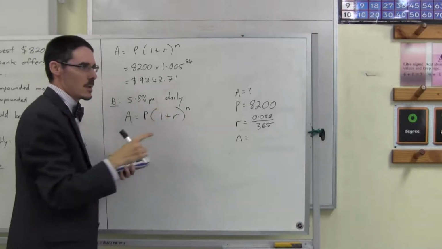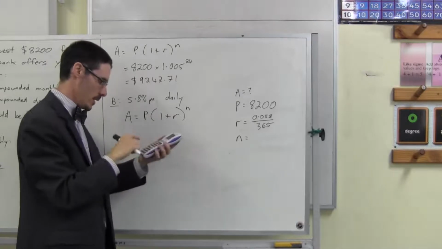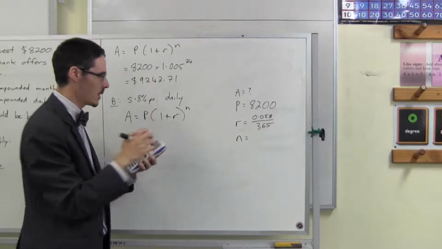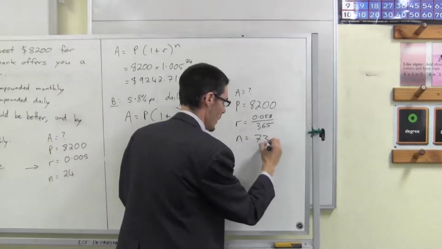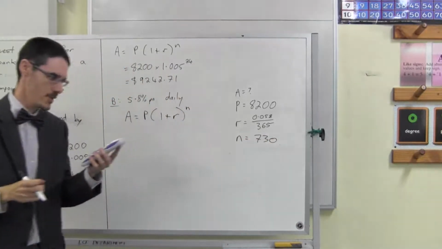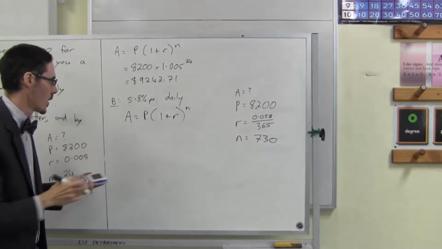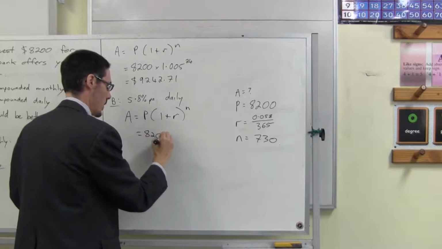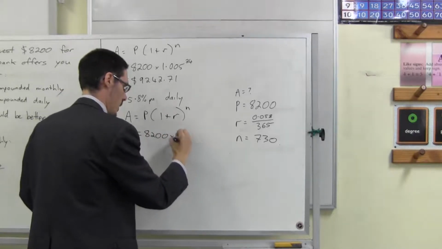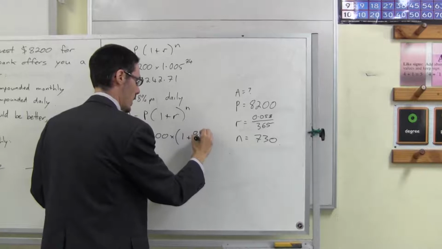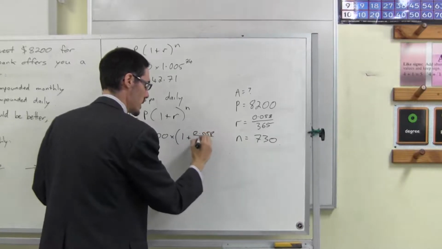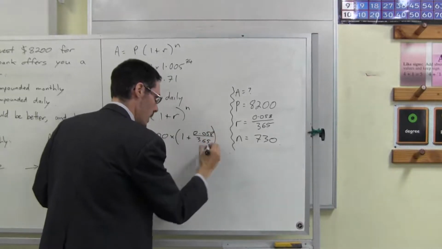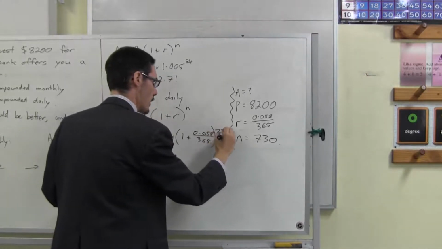Daily for 2 years, 2 lots of 365, which should be, I think, 730. Okay, 730. All right, that is $8,200 times 1 plus 0.058 divided by 365, to the power of 730.